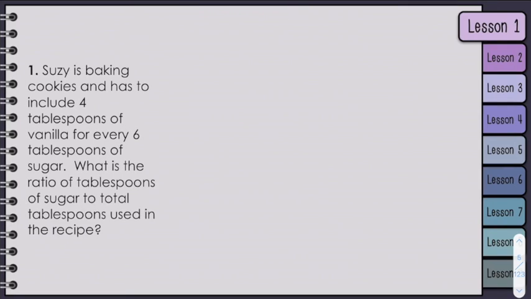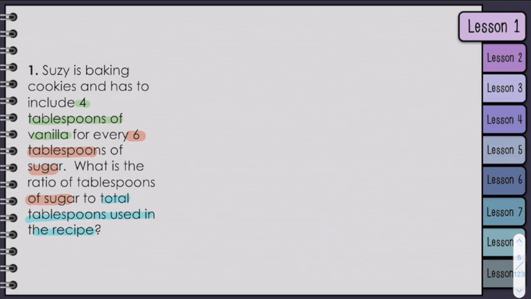Okay, so let's try our first problem with ratios. So here they're saying Susie is baking cookies and has to include 4 tablespoons of vanilla for every 6 tablespoons of sugar. You want to figure out what the ratio of sugar to the total tablespoons used in the recipe.